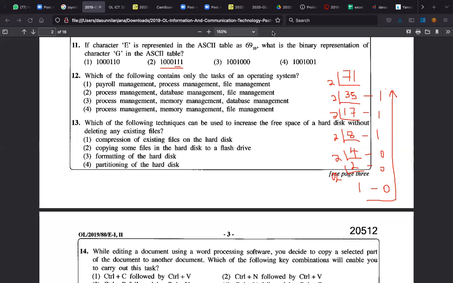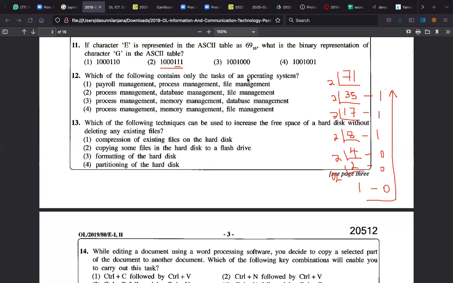Number 2 is the answer. That is how you get the answer for 11. Ginura and Lashain only tried 11, number 2. Others, please try. It's not difficult. Don't be afraid of ASCII.